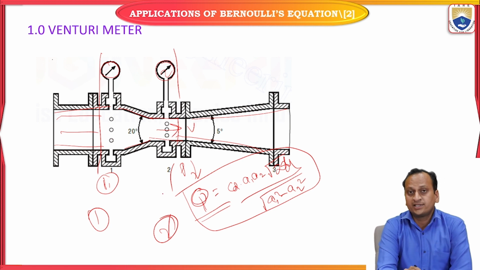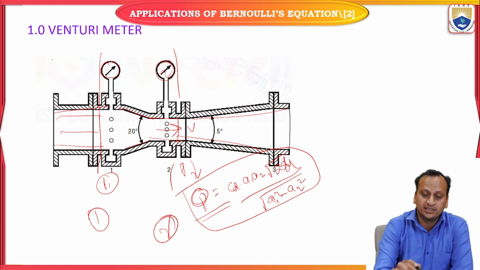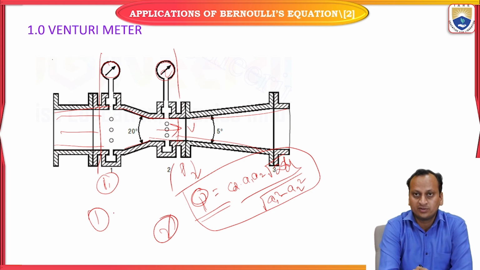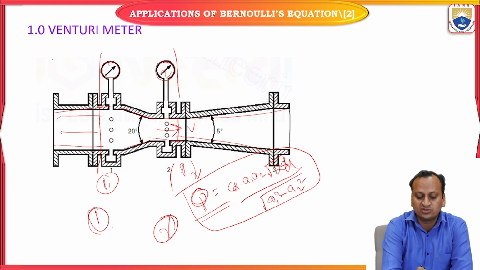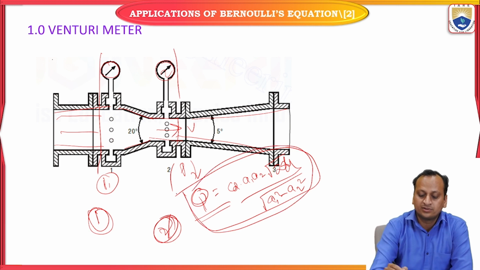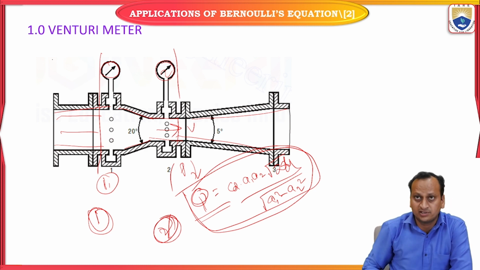And if it is a real fluid, there will be a loss of head. So the total energy at point 1 is equal to the total energy at point 2 plus loss of head. We will apply that between these two sections. Therefore we will achieve this expression, which will be useful for measuring the rate of flow through a pipe. So this is one of the applications of Bernoulli's equation.